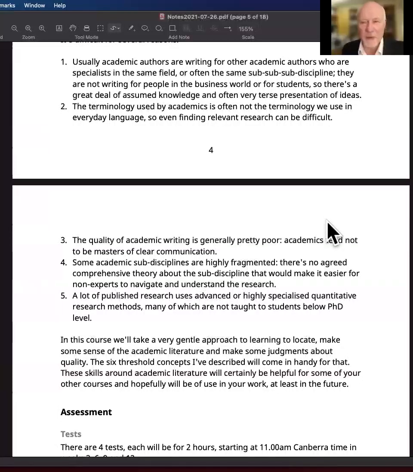There are some disciplines where the theory is pretty fragmented. If you look at many of the sciences, particularly the physical sciences, there are very clear theories about a lot of things. In physics, for example, there are many areas where the theory is very well established, very clear, and set out as equations.